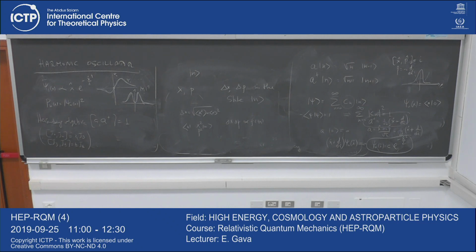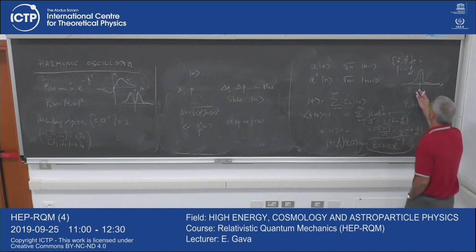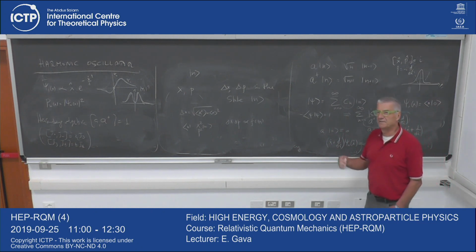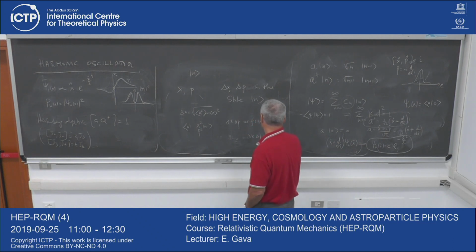The ground state, for n equal to 0, what would you expect? This is a Gaussian. I would expect the Heisenberg bound to be saturated. For n equal to 0, I would expect delta x delta p to be h bar over 2.